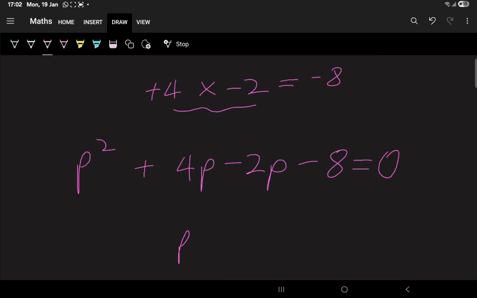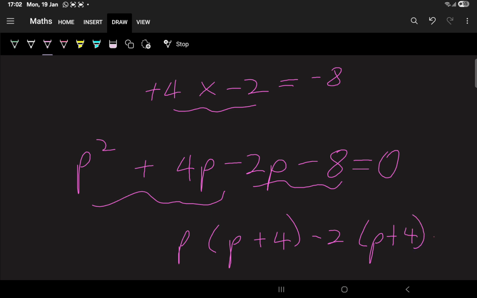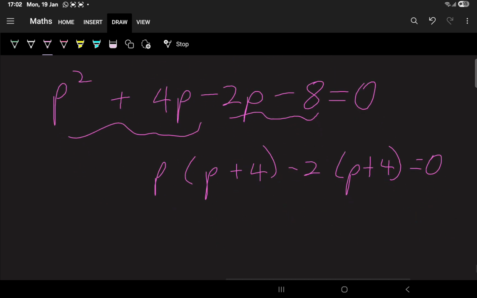Factorizing, I can factorize p because it is common on that side. This is going to be open bracket p plus 4. I can factorize negative 2 from here, and I have p plus 4 also, and it equals 0.